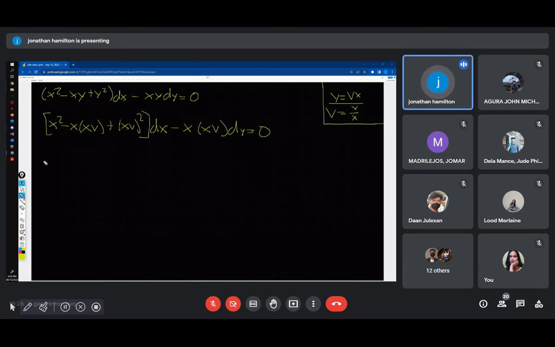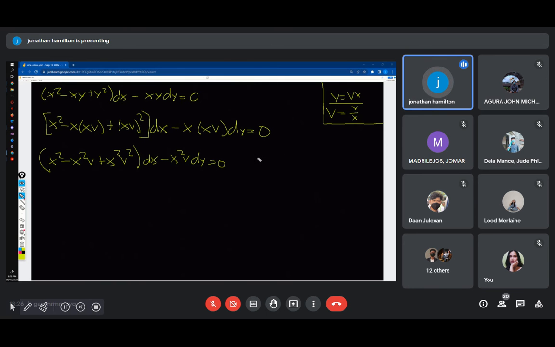So mato na ni siya simplify. So we have an equation x squared minus x squared v plus x squared v squared dx minus x squared v dy equals 0.